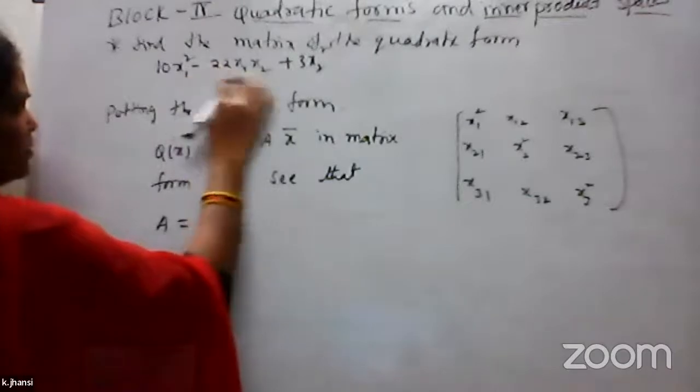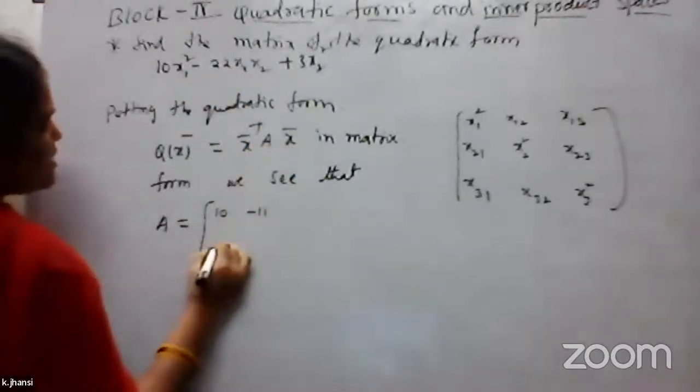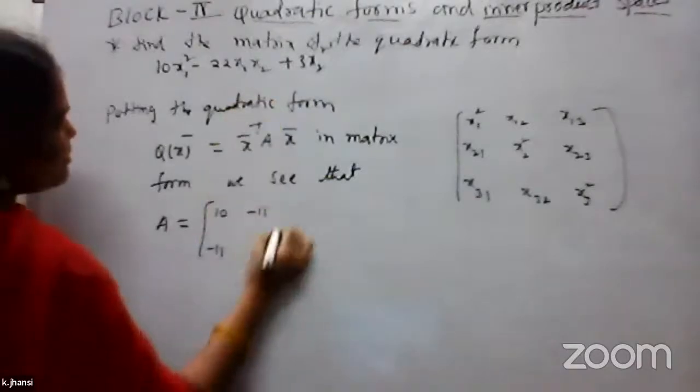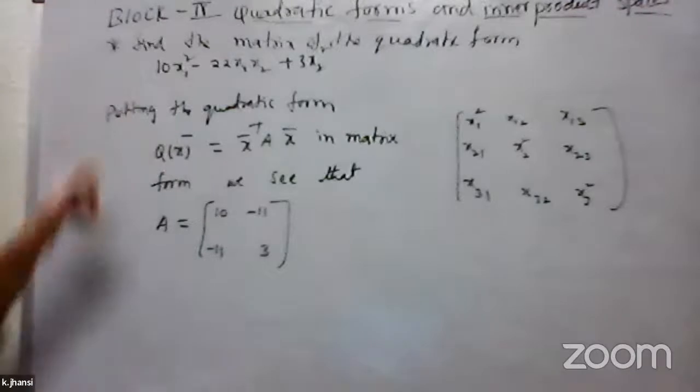Here when you divide this one by 2, you will get this as minus 11. Next here minus 11. So this is the matrix form of the given quadratic form.